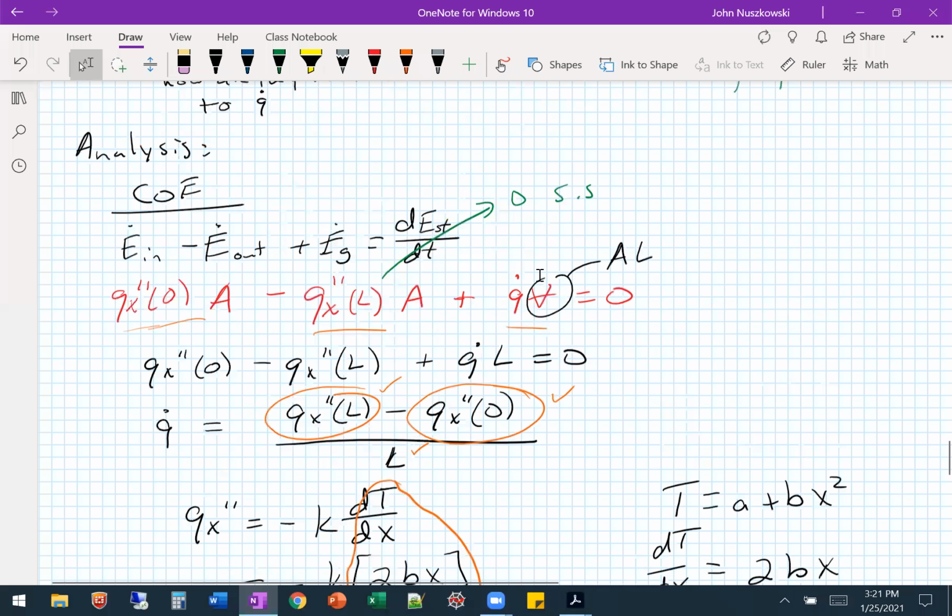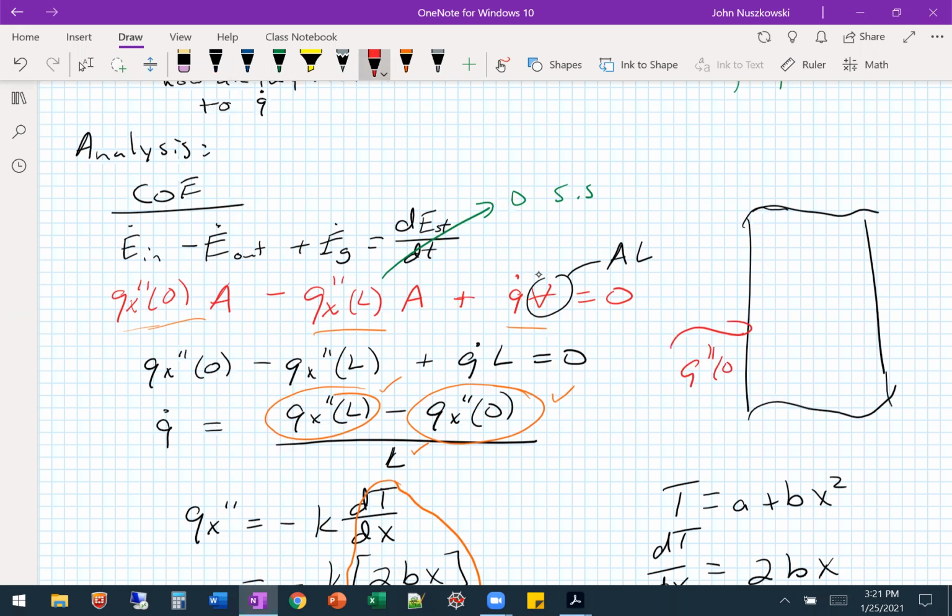We looked at it basically like that: energy in on the left, energy out on the right, and we have our energy generated inside our boundary. And that's what we solved.